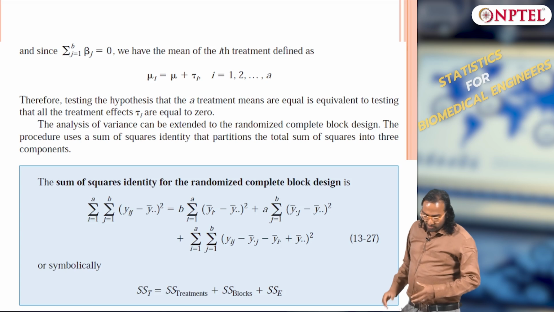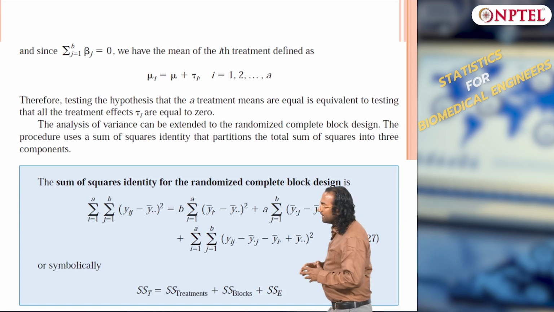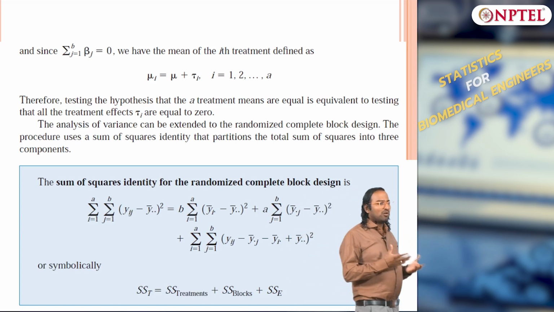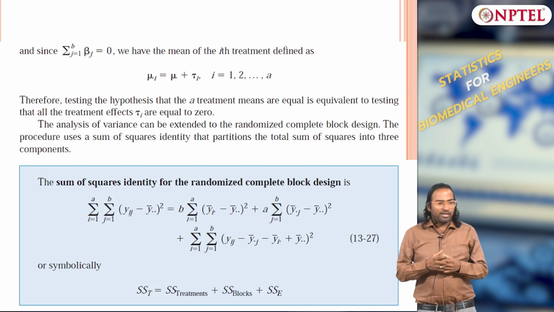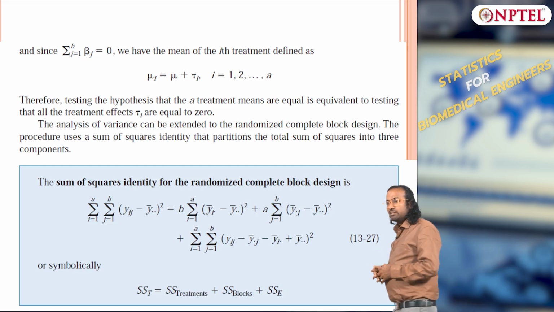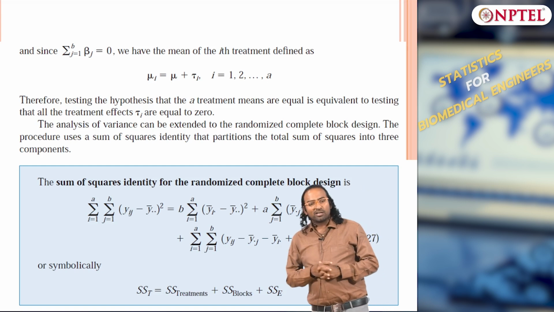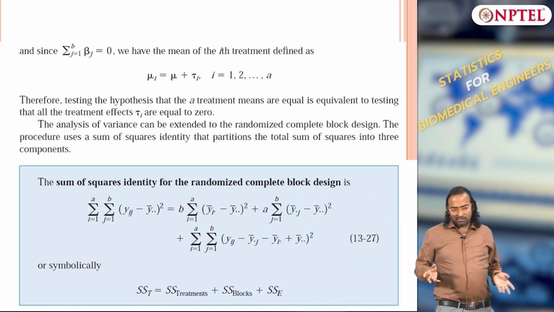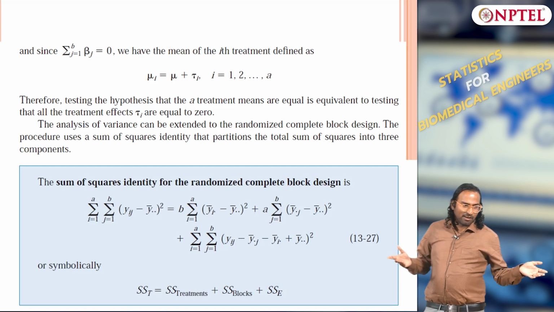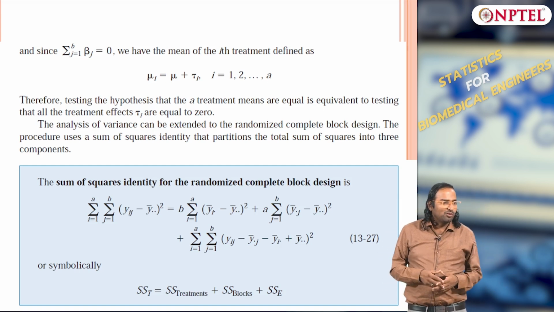Now we have again an identity similar to what we did in ANOVA. In ANOVA we actually showed two terms for the sum square total: sum square total is nothing but sum square treatment plus sum square error, they are orthogonal to each other, right. They have to be orthogonal because the cross terms go to 0.